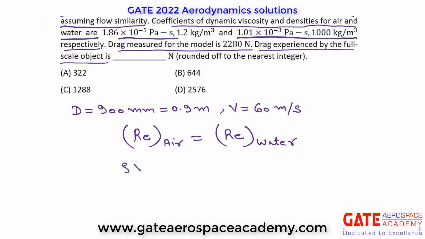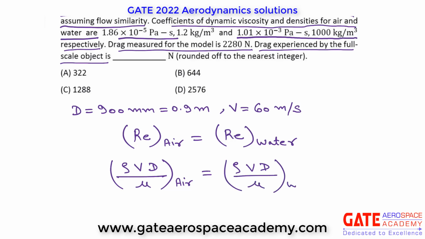So rho V d upon mu for air is equal to rho V d upon mu for water. Let's substitute the values and find the velocity of the model in water.